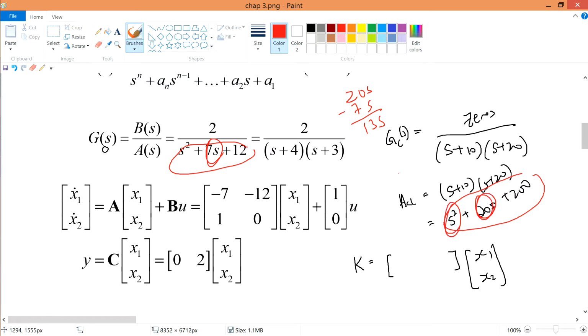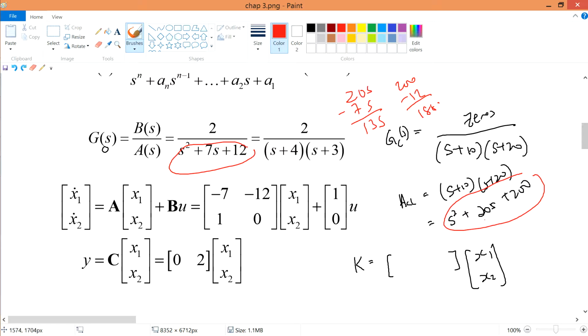The differences for s squared is already the same, so there's no difference. The only difference is in the coefficient of s: 20 minus 7 is 13. And then 200 minus 12 gives 188.